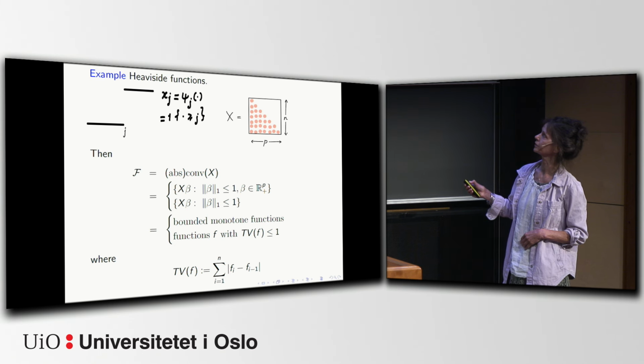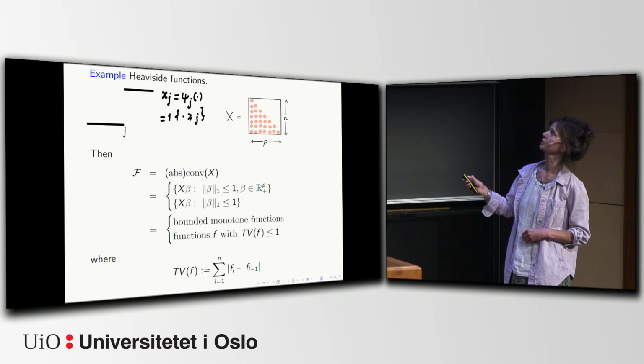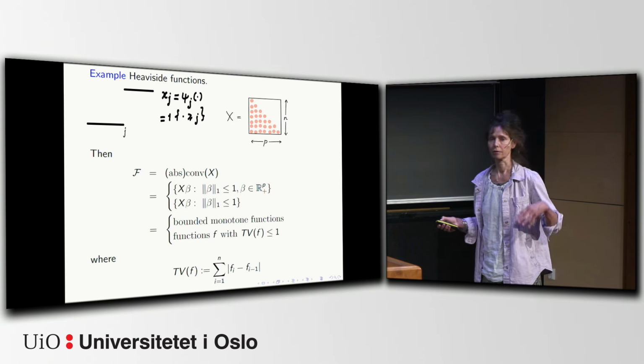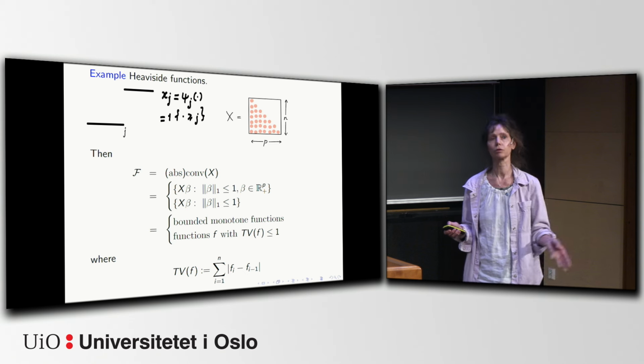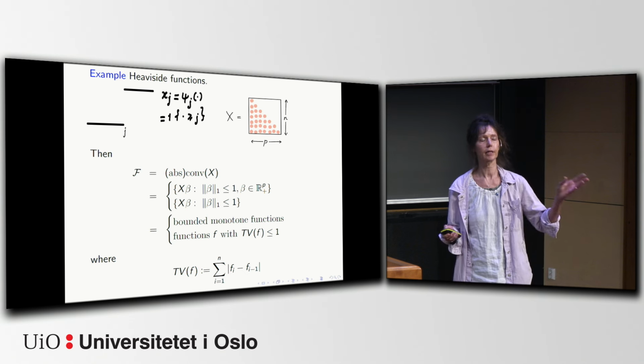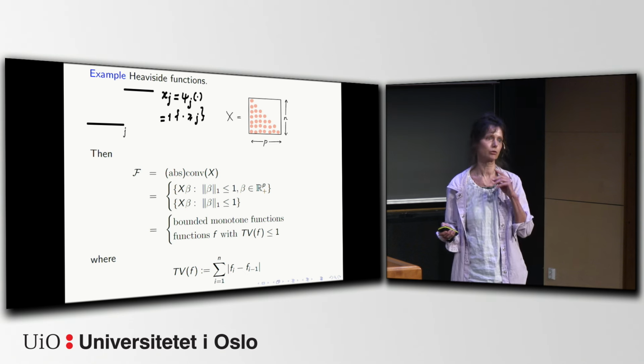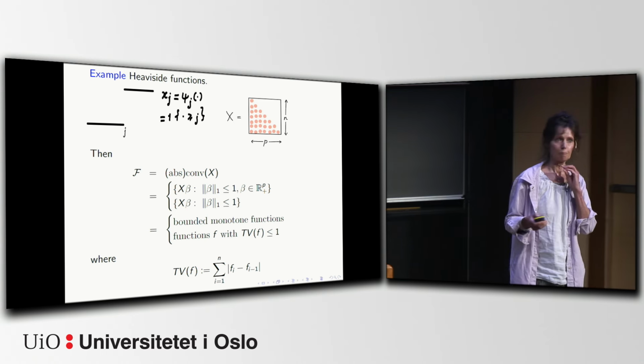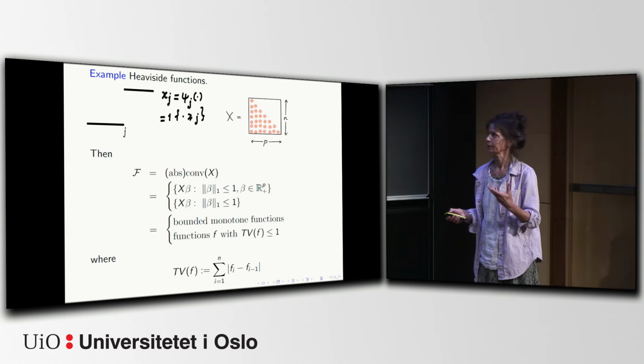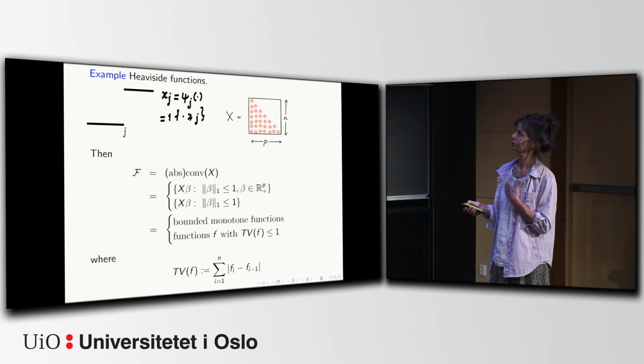If you put them as the columns of your design matrix, it's just constant 1, and then it's 0, and then constant 1, 0, constant 1. So this is your design matrix. If you then take the convex hull, you get monotone functions. If you take the absolute convex hull, you get functions of bounded variation. So this is an interesting class of regression functions.